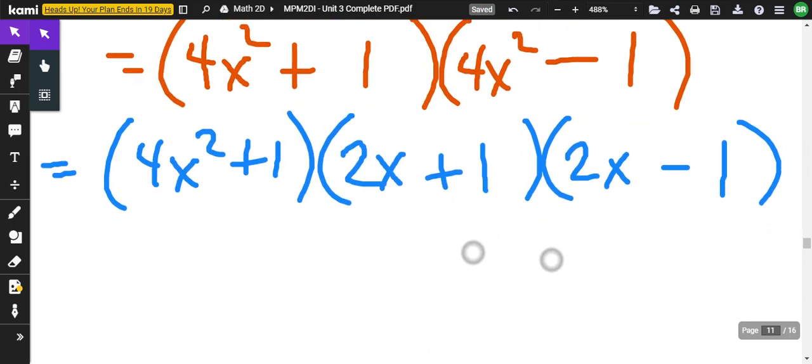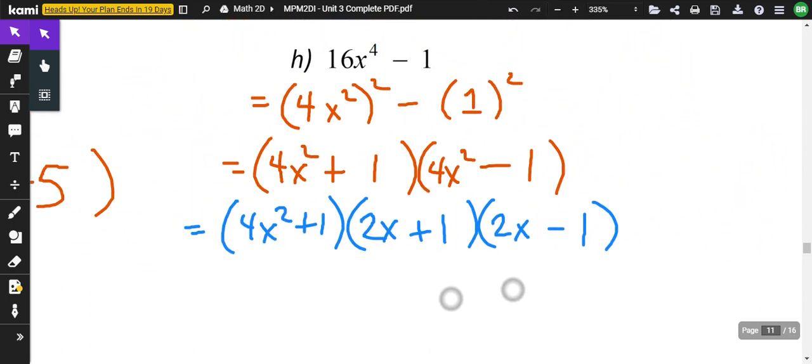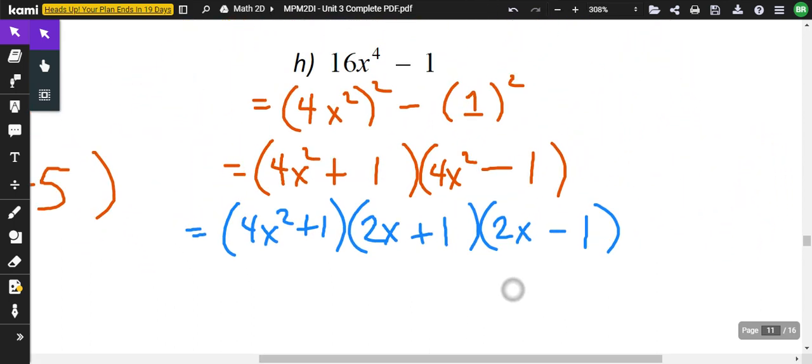Nice. Okay, so 16x to the 4th minus 1. We do a difference of squares 1 round right here. And now we notice that the second one over here can be done again. And so while the first just sort of comes along for the ride, the second one splits off into these other two as well.